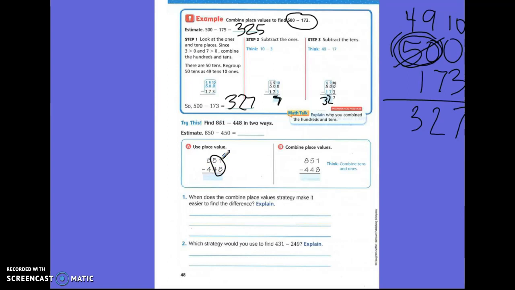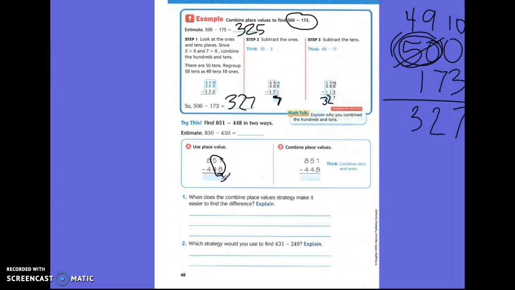Let's count up from 48 to 51 and see how many numbers that is so that we can say 51 minus 48. So 48, 49, 50, 51. So how many numbers did we count to get there? 3. So 51 minus 48 is 3. So you have to put a 3 in the ones place.